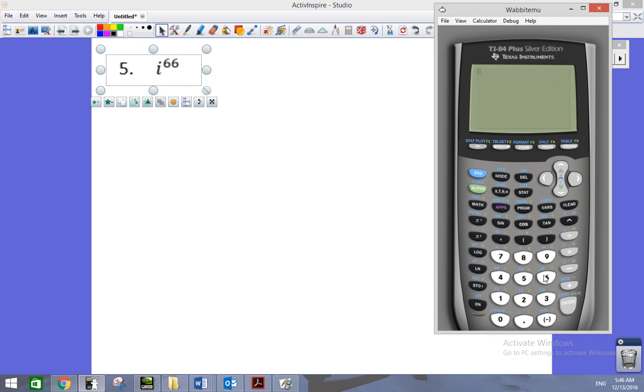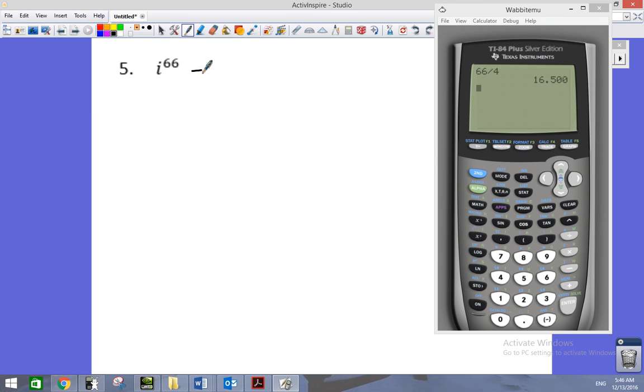Again, if we divide by 4, we've got 2 as a remainder. 2 over 4 is 0.5, and i squared is negative 1.